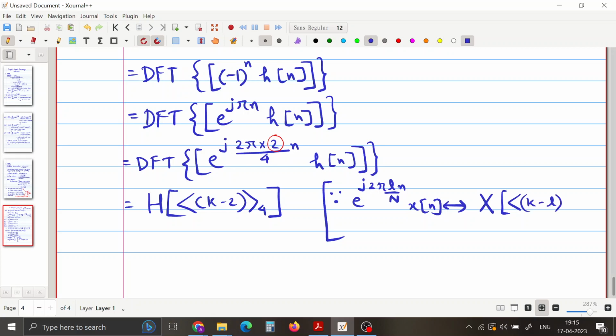Originally the coefficients were capital X of k, and that will get shifted by L units. And again this is mod capital N. So this is the property.